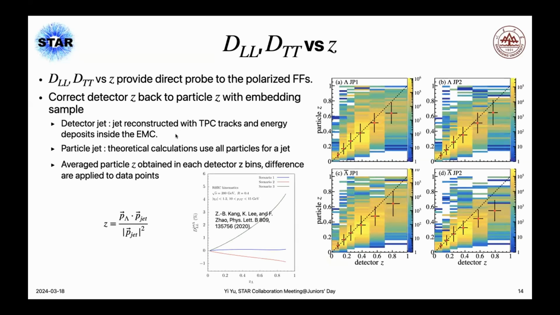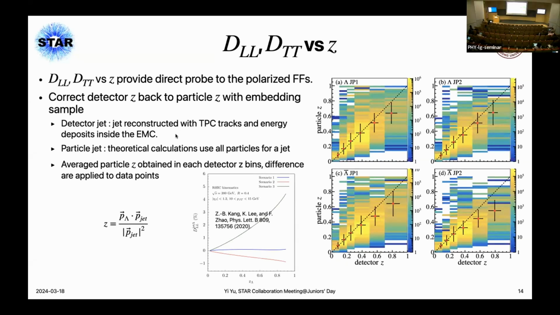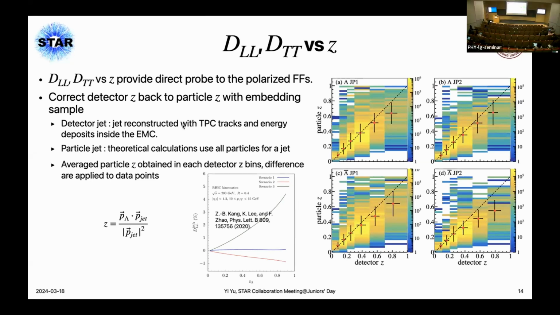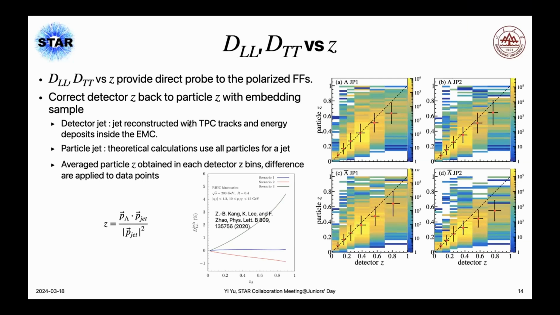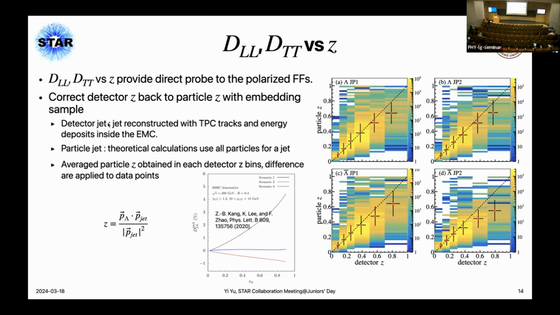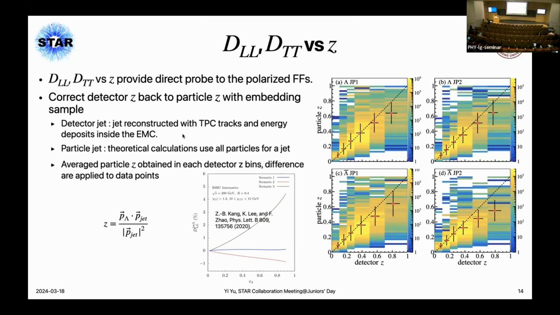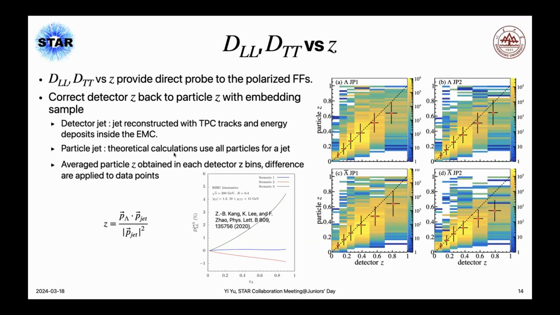Because in the jet reconstruction, the jets are reconstructed with TPC tracks and the energy deposited inside the EMCs, it might miss some neutral parts, or miss something due to the detector acceptance. So the jet momentum reconstructed at detector level is not accurate. In the theoretical calculation, we use all the particles to reconstruct jets.